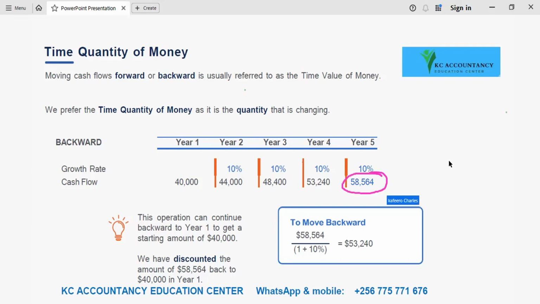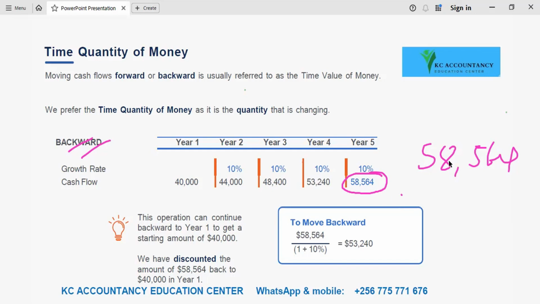Remember, this is the highest value that we had. So this is a backward movement; the other one was a forward movement. We are now moving this value that we got earlier, as we are using it as our input. That's why you are seeing that the number in year 5, 58,564 US dollars, is in the blue font.